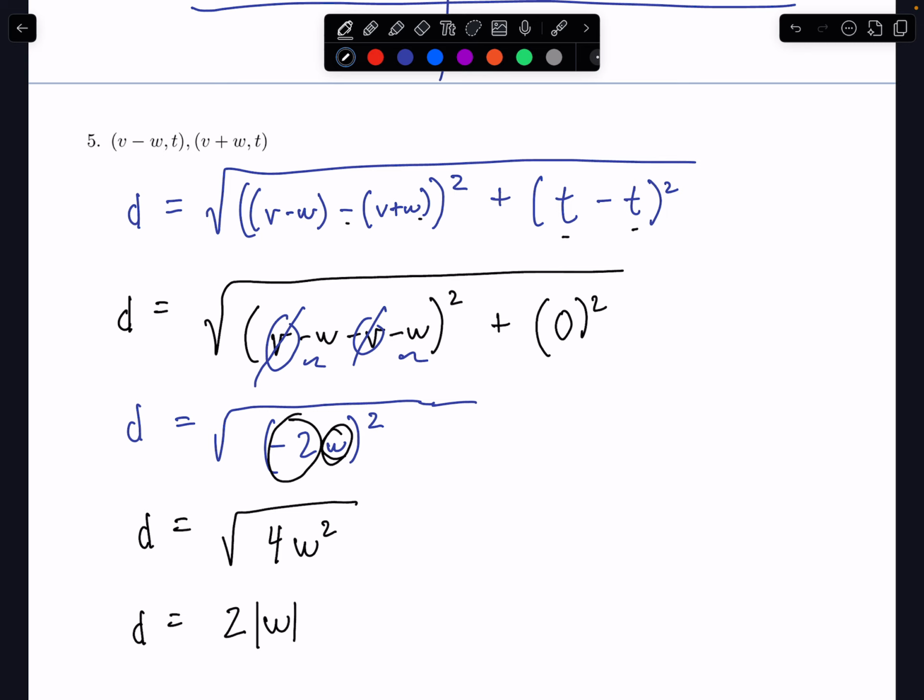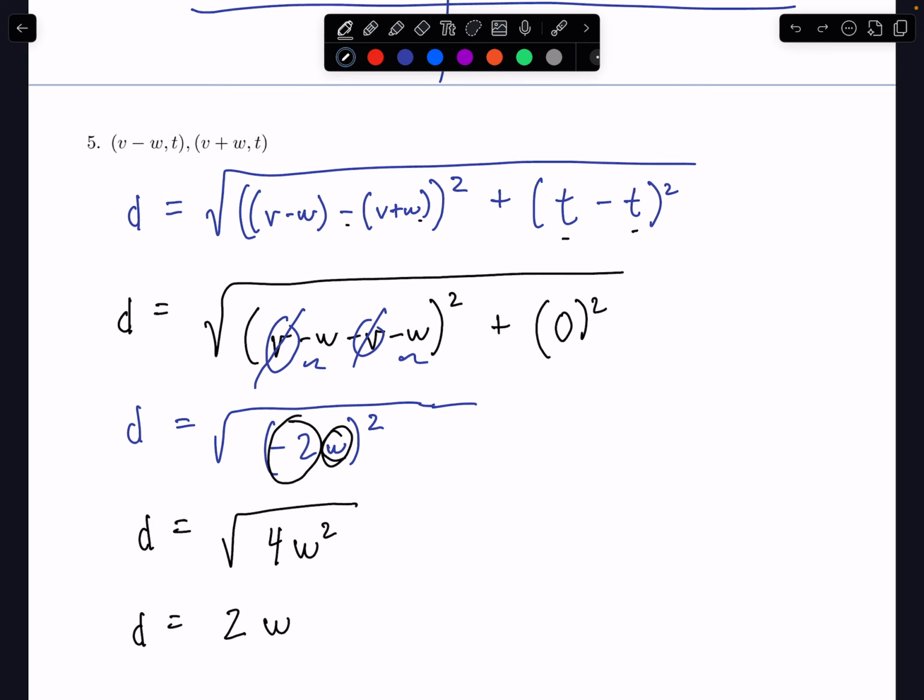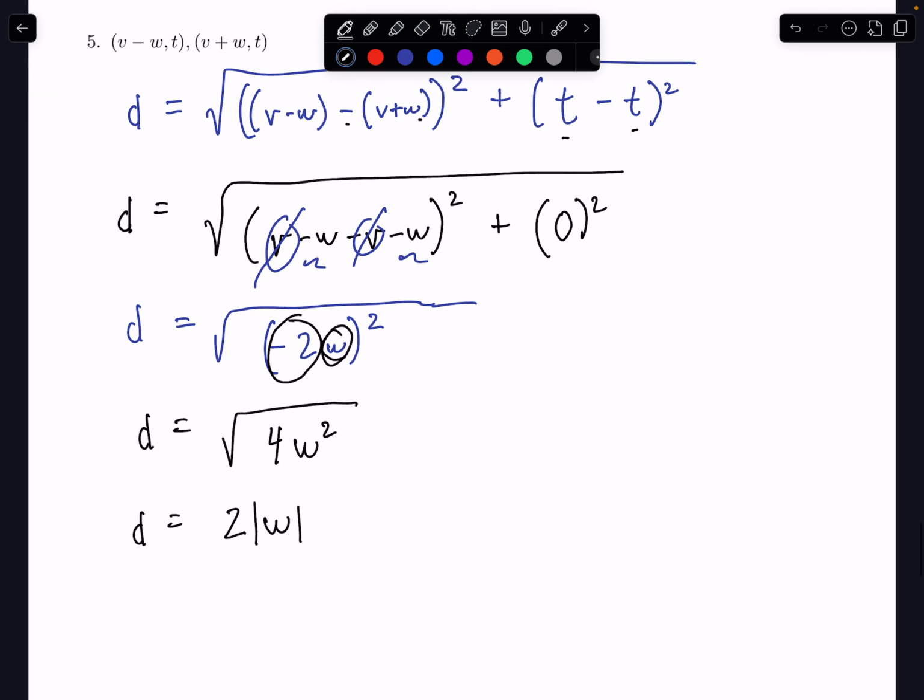And it has to be because we're talking about distance, right? Distance has got to be positive. So to me, it makes more sense to just say 2w where w is positive, or at least non-negative. I keep going back and forth. I think absolute value is actually, let's keep absolute value. That was the answer. Yeah, done.